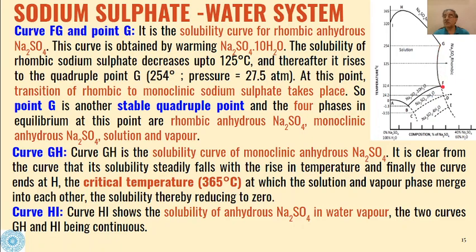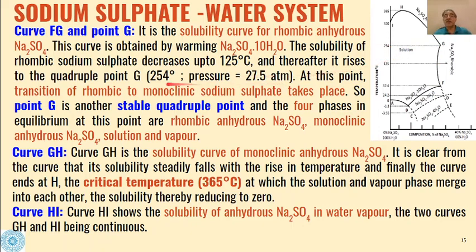And as we move from F to G, up to temperature 125 degrees centigrade, the solubility of rhombic sodium sulfate decreases, then it goes on increasing up to point G, that is at 254 degrees centigrade.